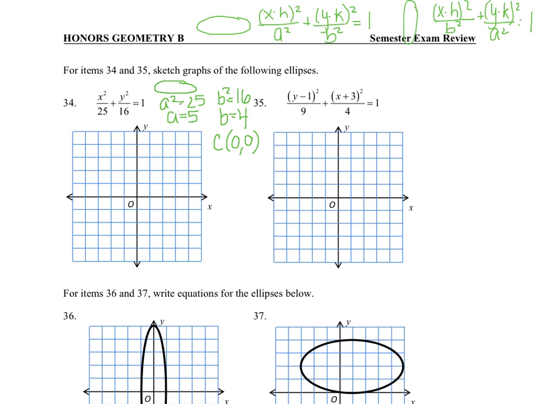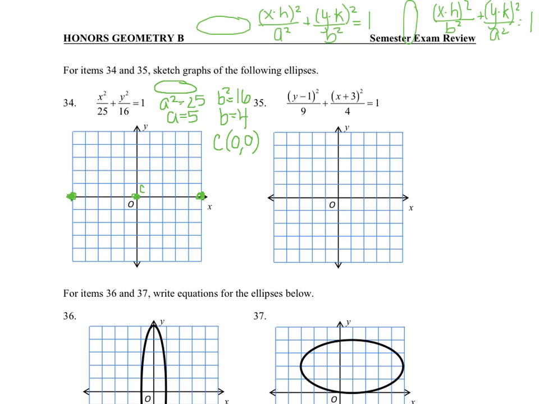So the first thing I should do is plot my center, which will be right here. Not that I need to actually plot that point, but it's so much easier to do that to see the points of our ellipse. Because it's horizontal, I'm going to be going right and left to find my a, which means I'm going to be going to the right 5 units and to the left 5 units. And those are going to be my vertices.